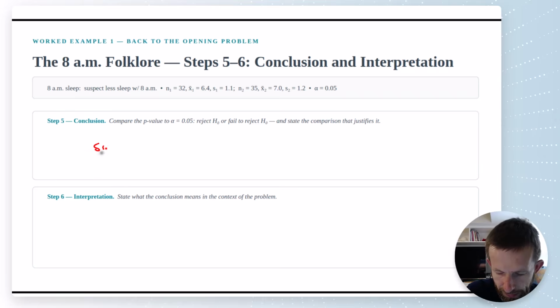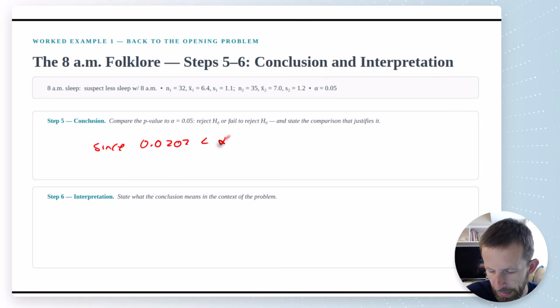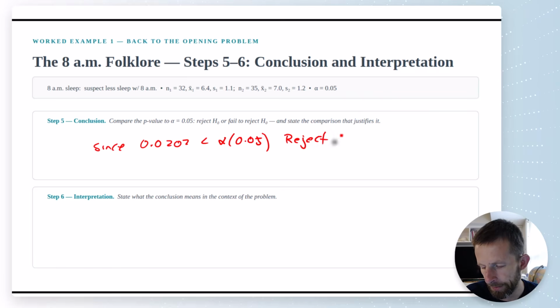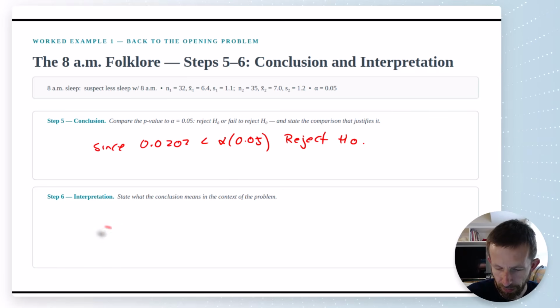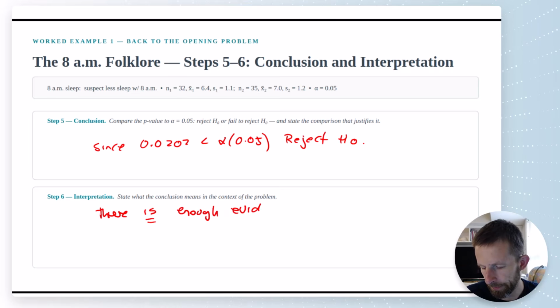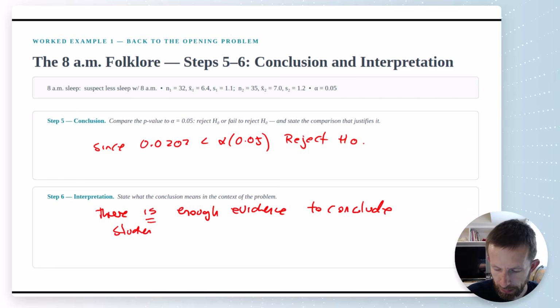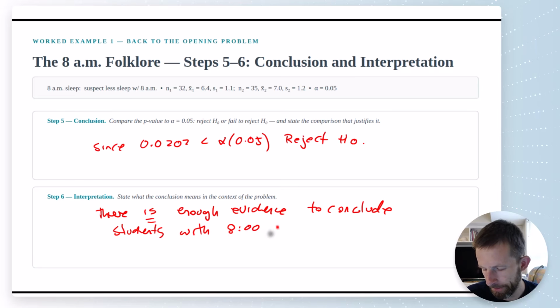Conclusion: since 0.0202 is less than alpha of 0.05, reject the null hypothesis. So there is enough evidence to conclude students with 8 a.m. classes get less sleep.